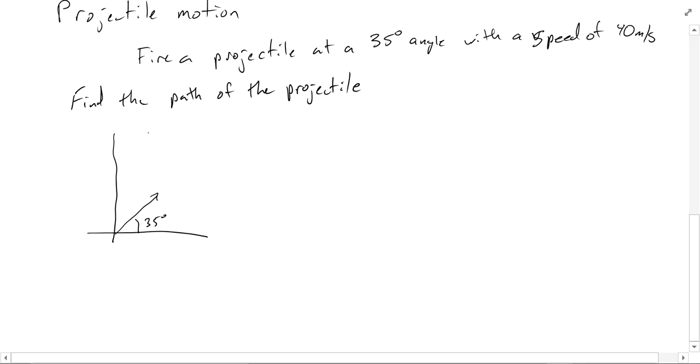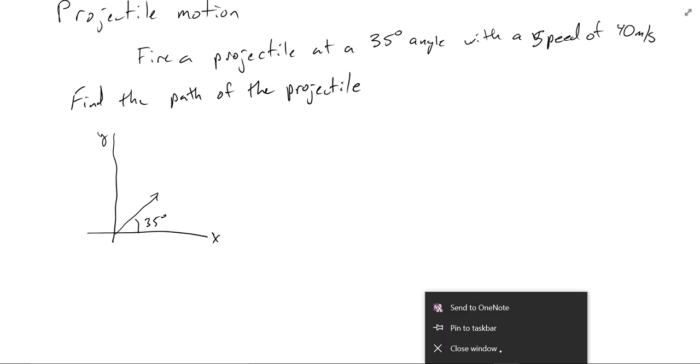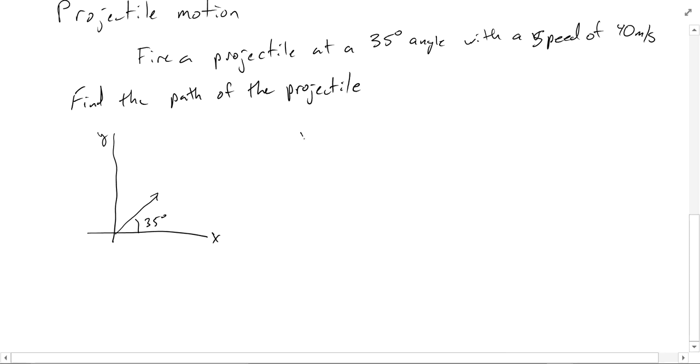If I'm working in x and y, the initial velocity is going to have a horizontal component, which is the adjacent side. I know the hypotenuse is 40.